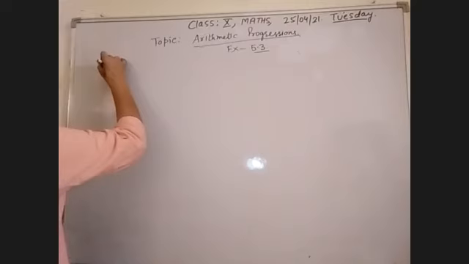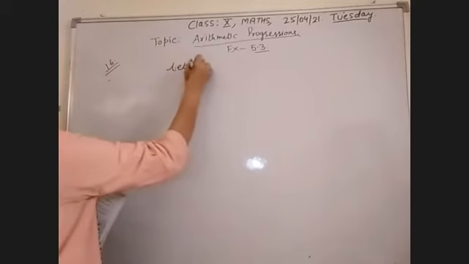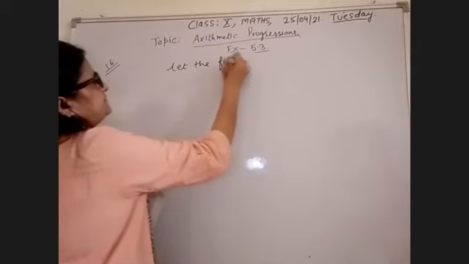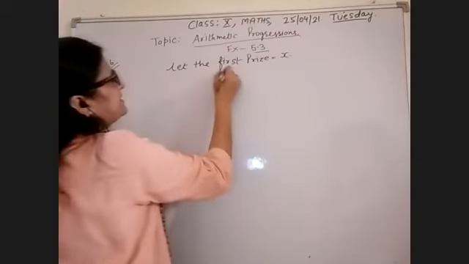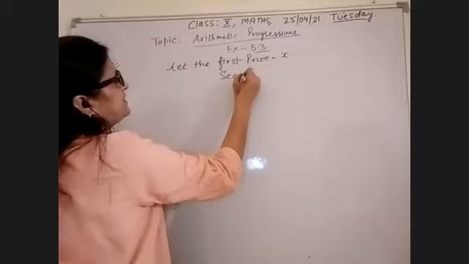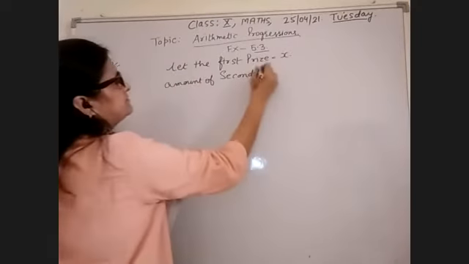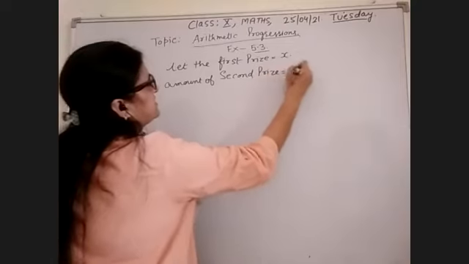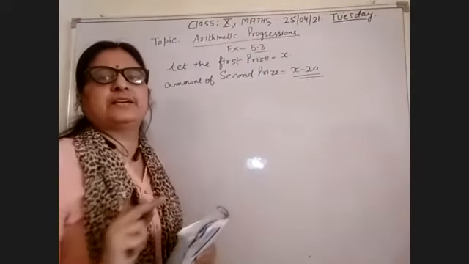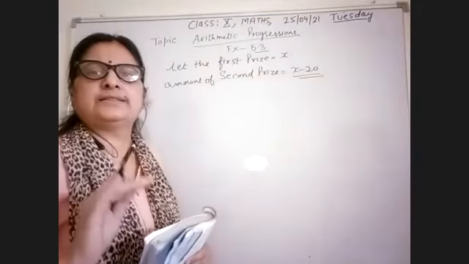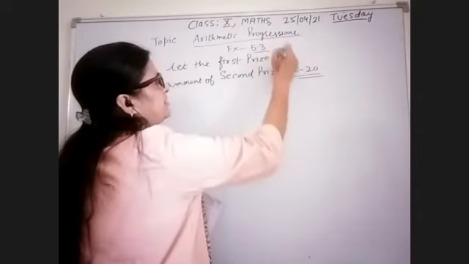that the first prize given to a student is X, and the second prize money is 20 rupees less than the preceding prize. The first student gets X rupees and the second student gets X minus 20 rupees.